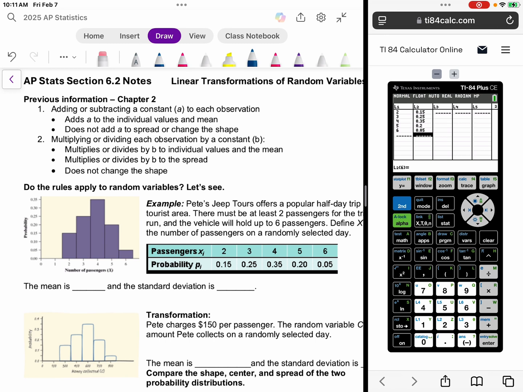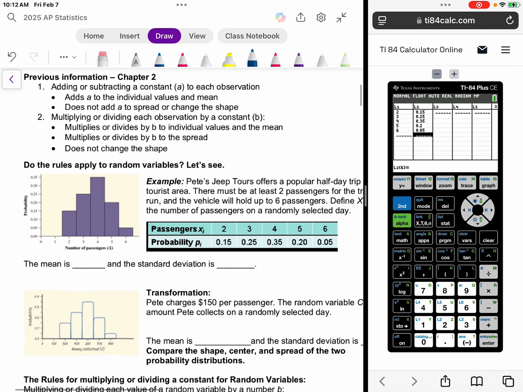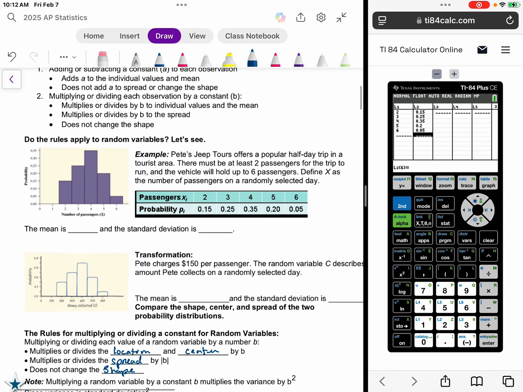So again, shape stays consistent no matter what operations you're doing. The spread, the variance, is the one that changes through multiplication and division only. And then all four operations change your individual measures of values like quartiles and the mean as well.